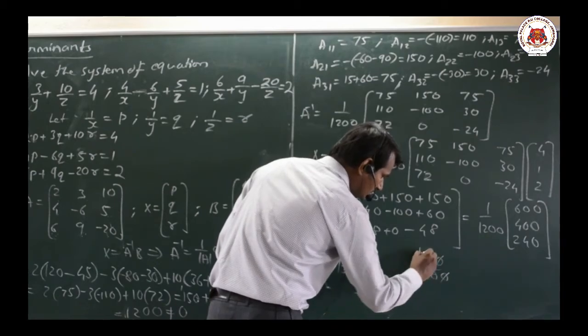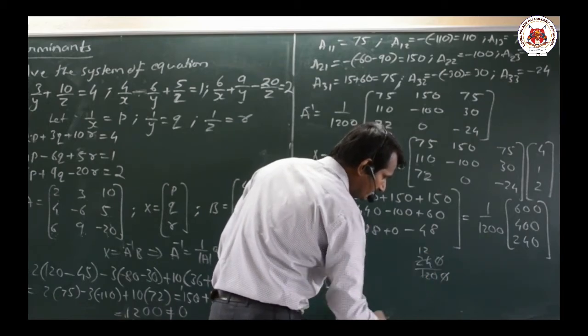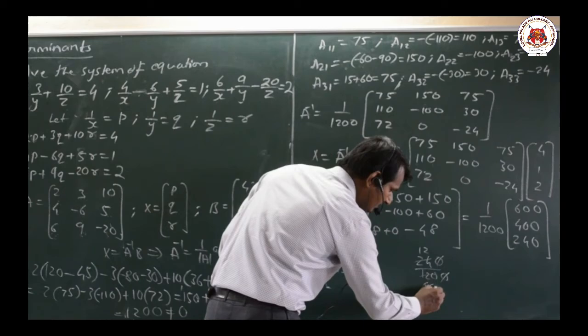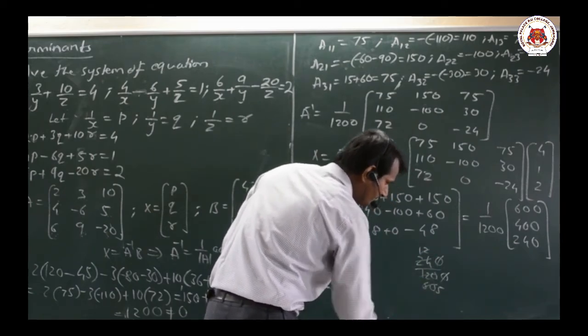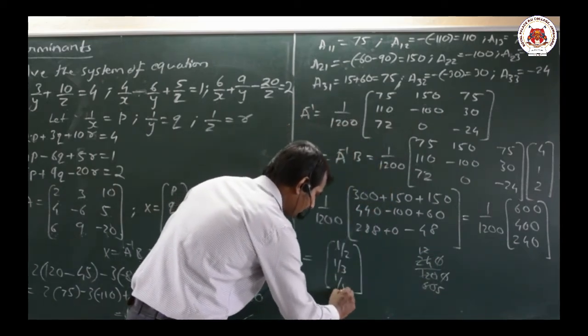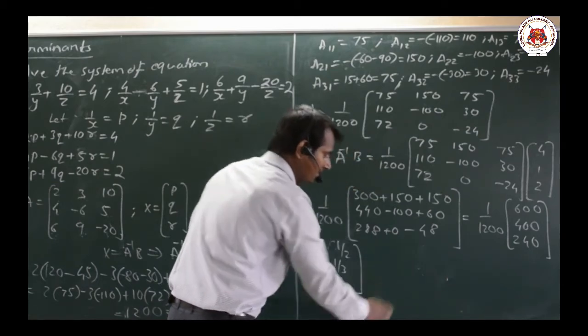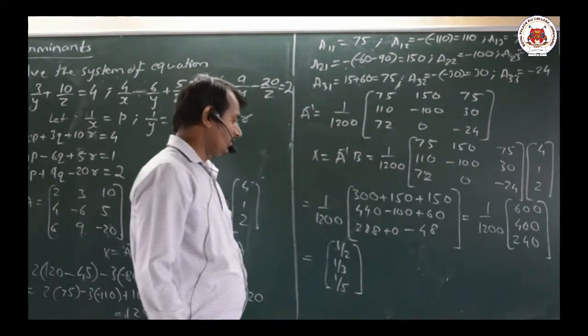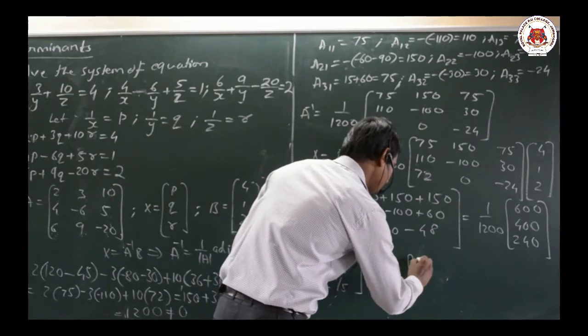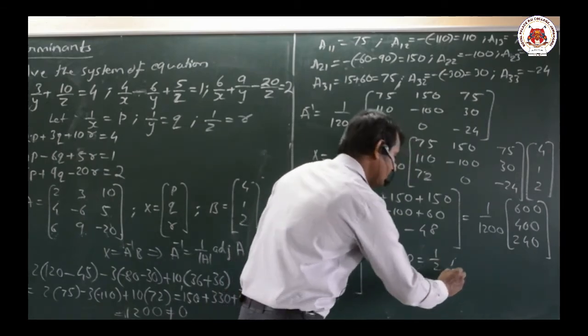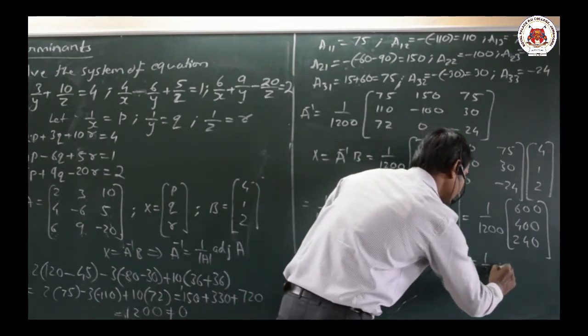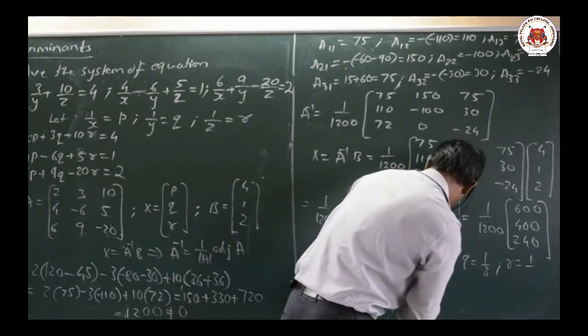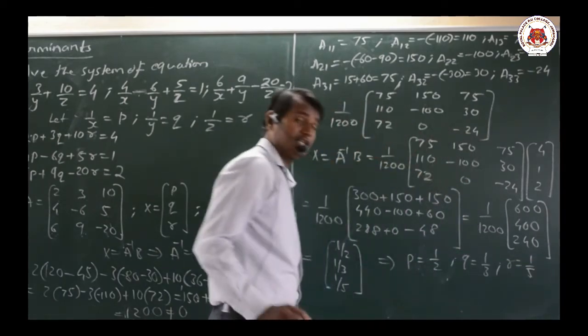Okay, 2 1s are 2, 2 2s are 4 here. Next one we have 2 6s are 12 and it is 0, 12 5s are 60. That is nothing but here 1 divided by 5. Okay, the value is 1 divided by 5. Okay, now what we get, that implies here P equal to 1 by 2, Q equal to 1 by 3 and R equal to 1 by 5. But what are these values?